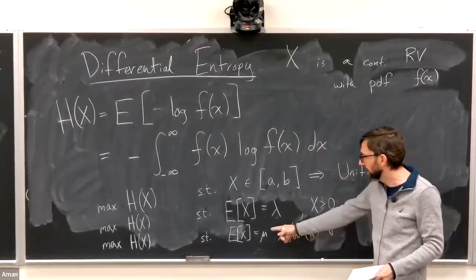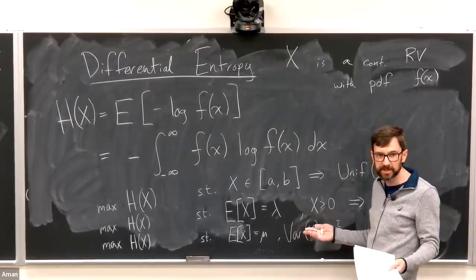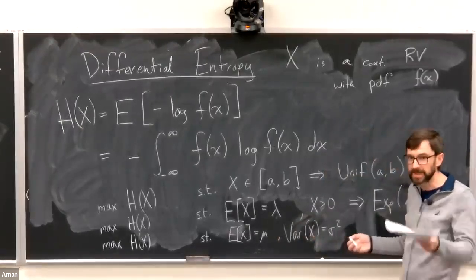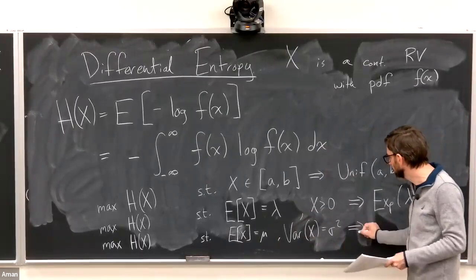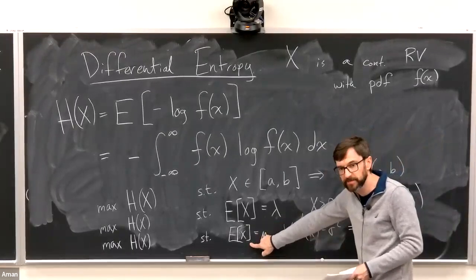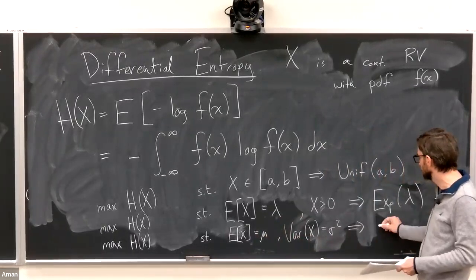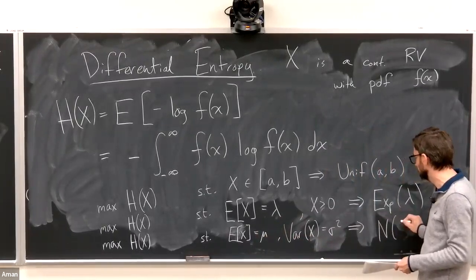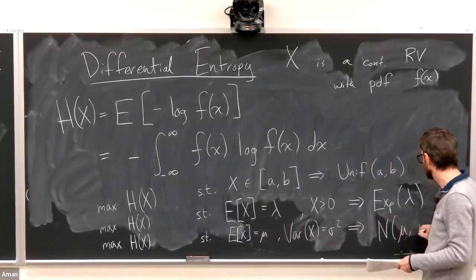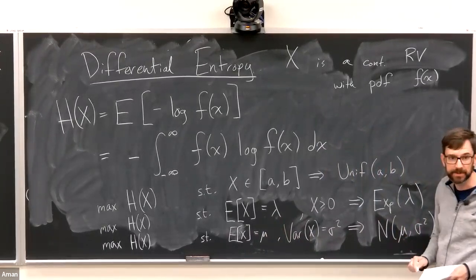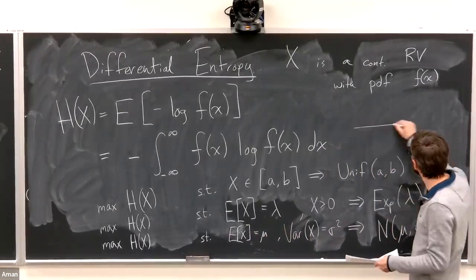And you can probably tell by my notation that this is going to give us what? Yeah, Gaussian. So if you specify the mean as a constraint and you specify the variance as a constraint, the maximum entropy you can do is the Gaussian normal distribution with that mean and that variance. So let me put a finer point on it with the drawing.